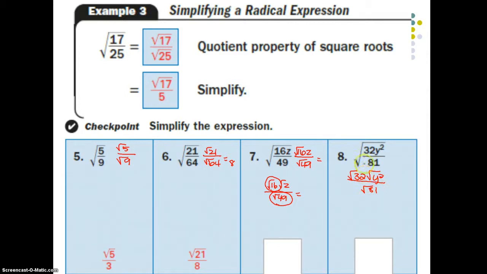Number 8, square root of 32, that's not perfect, but 32 does divide into 4 and 8, so I actually could keep going. Actually, maybe I want to do something even better than that, which is 16 and 2. So let me erase that. 16 and 2 would be better because 16 is perfect. 4 and 4, right?